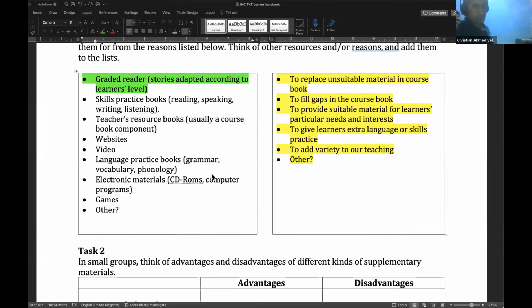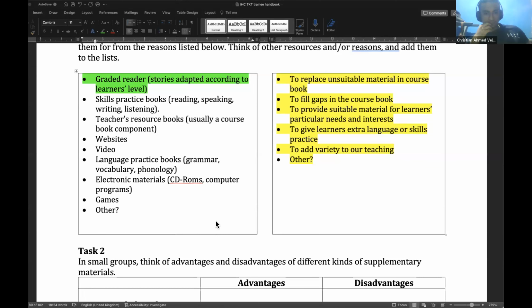Yes, the reason. Well, the first one can be obvious, because of the graded reader, the skills practice.